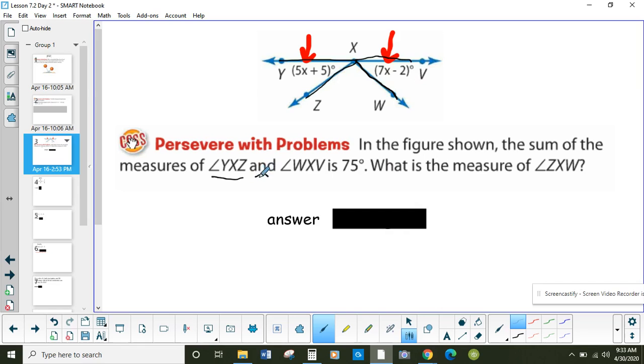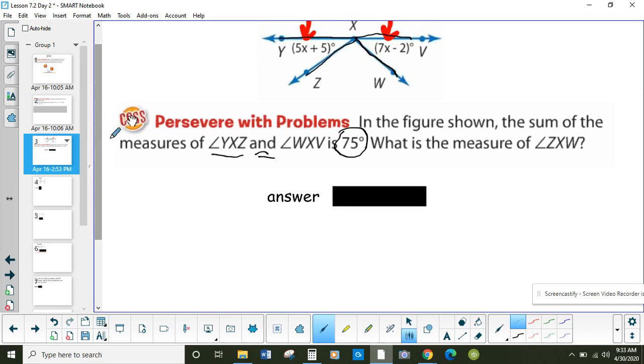They said that those two together equal 75 degrees. So I can use that fact to write an equation and get the value for x, because once I know what x is, I can continue and answer this question. My goal is to find this angle right here, ZXW. So let's get x first.